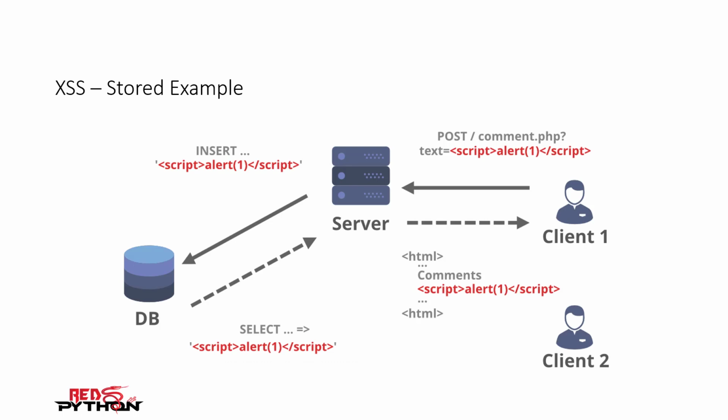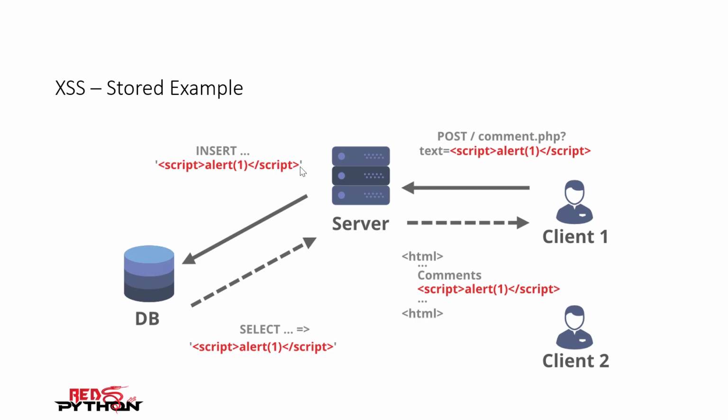Now, cross-site scripting, a stored example. This is on the right here. This is client 1, which is a malicious user. He goes into a forum on a web page, and he inserts JavaScript in one of the boxes, and this will hit directly the database if it's not well sanitized. So he will insert script alert 1 script. This is just a simple JavaScript to mimic the actual attack.